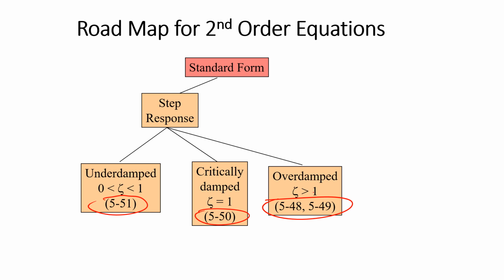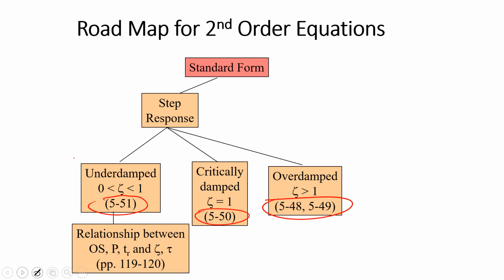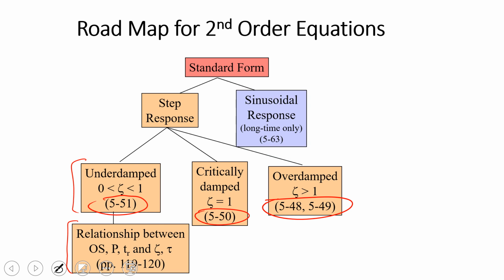You have two different equations that you can use. If it's underdamped, we're going to have oscillations, and we can use the relationship between overshoot, period, rise time, zeta and tau to get zeta and tau graphically, just from looking at a plot. The other ones we might have to just fit, like we did the first order plus dead time.